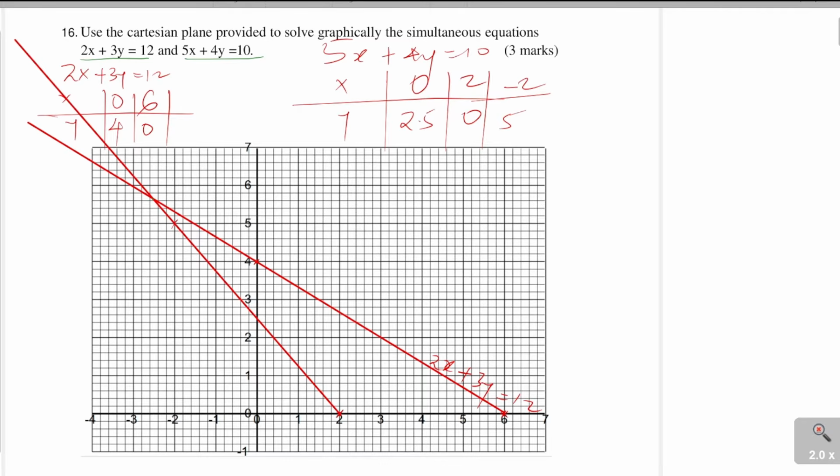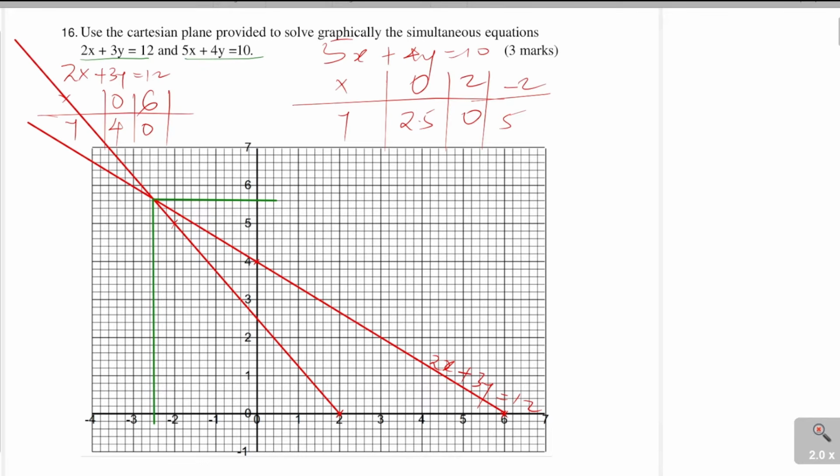So I'm drawing a straight line, and from these we have that point. So let me read these points. The x coordinate will be negative 2.5. And then for y, you should know the scale that you're using.